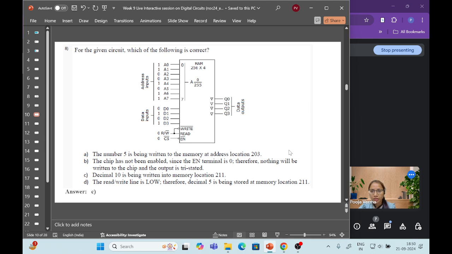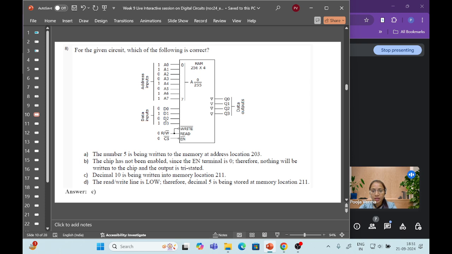So the next question is, for the given circuit, which of the following is correct? Here we can see that address lines are given, that is 7, and their values are also given. From there we can find out at which location it is written.